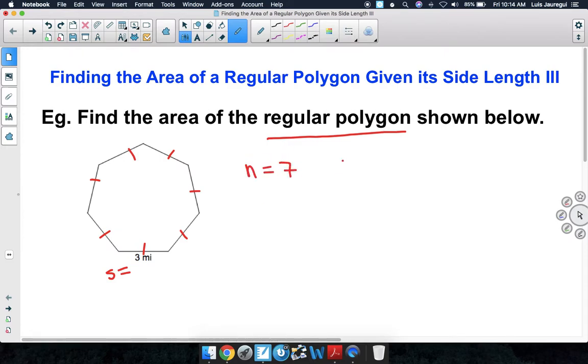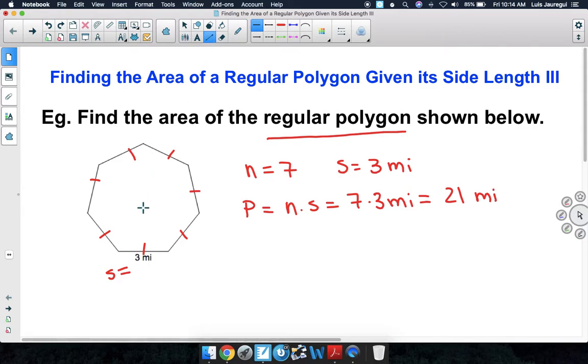We know that the side length is equal to 3 miles, so we can come up with the perimeter, which is the product of the number of sides and the side length, which in this case is 7 times 3 miles, which in turn becomes 21 miles. Now, what we need to figure out is the apothem.